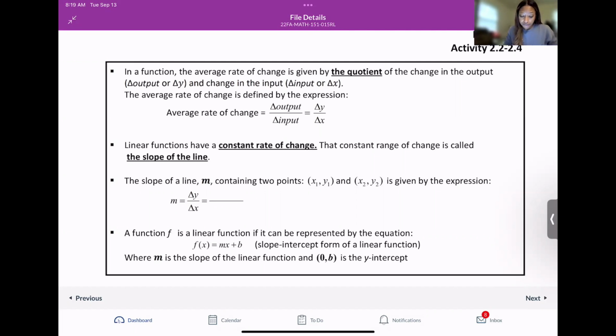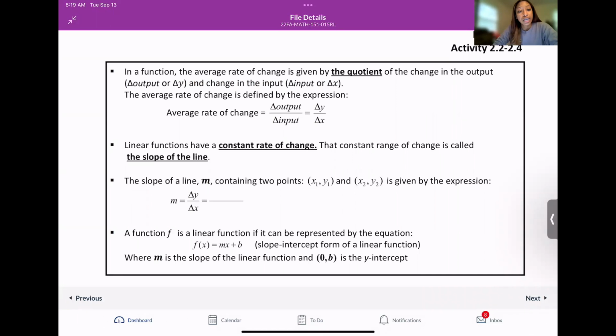So first, in a function, the average rate of change, that's the change of the output with respect to the input, is given by the quotient of the change of the output and the change in the input. Notice we use the notation delta output, or delta y over delta x, delta input.